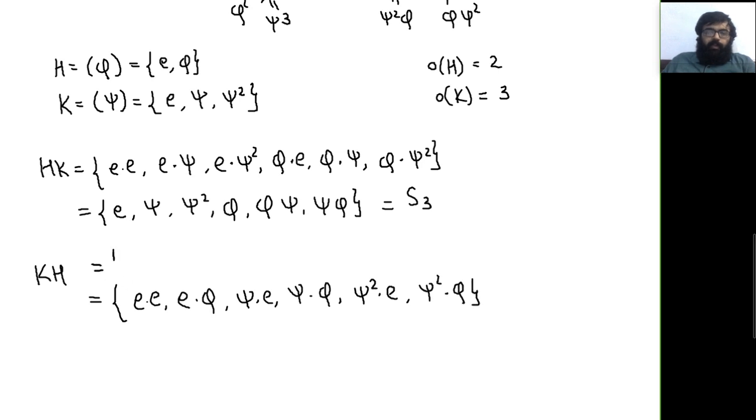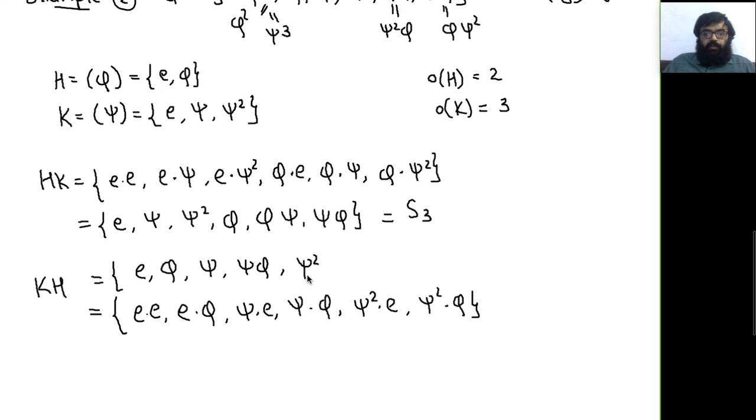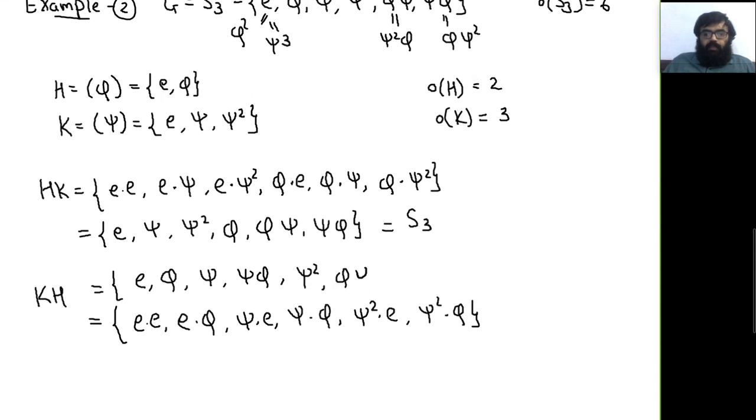Let me write on the top: E, phi, psi, psi phi, psi square, phi. Psi square phi is nothing but phi psi. As you can observe, this is also all 6 elements. So in this case, HK equals KH. This is important, and everything is S3.